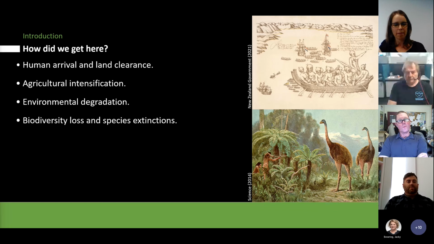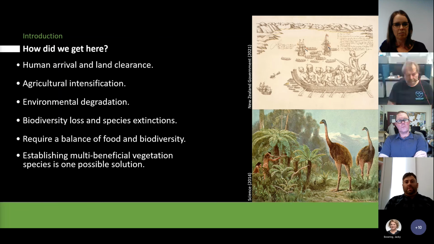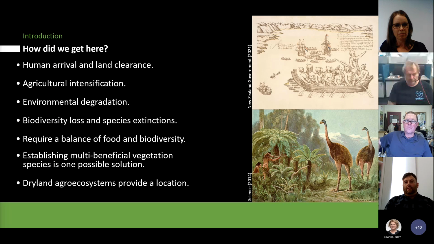However, because the population was still growing, we still needed to provide lots of food, and one of those ways was obviously through agriculture. Today, with the biodiversity challenges out there, we're still requiring that same amount of food. So I propose that we establish multi-beneficial vegetation in dryland agroecosystems. So that's where we'll be heading today.